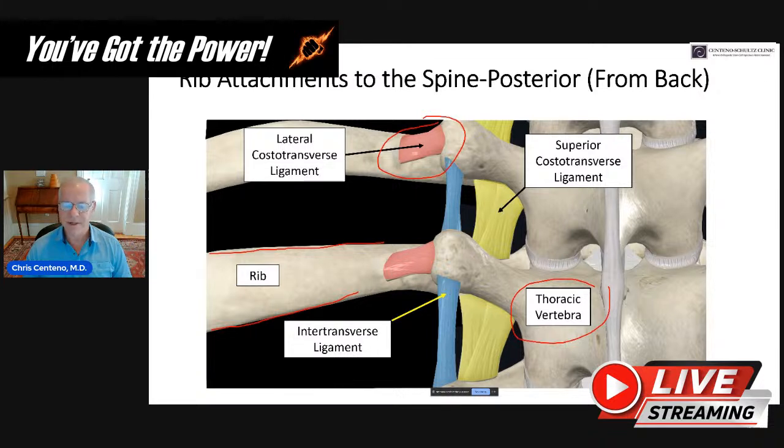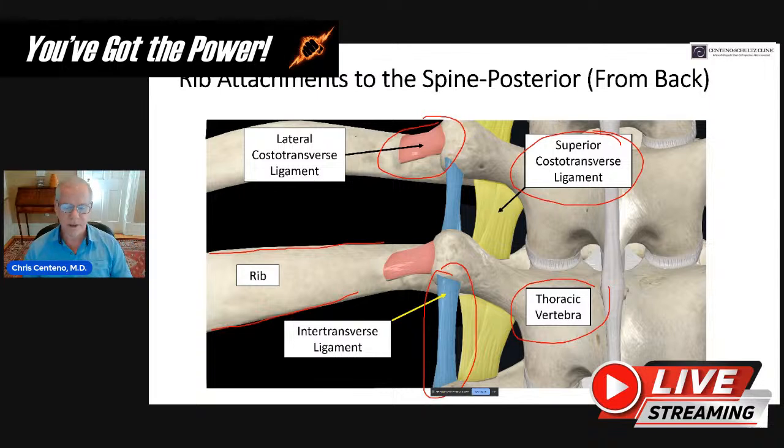You've got these attachments of the ribs to the spine called the superior costotransverse ligament, so the rib to the transverse process of the spine. And then you've got these intertransverse ligaments that aren't really attached to the ribs, but help with thoracic spinal motion side to side.